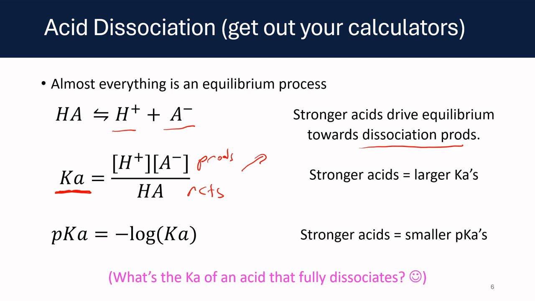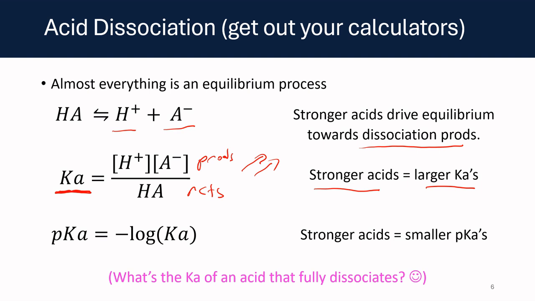And as this number skyrockets, we're dividing a big number by a very small number, and hence Ka is going to be very large. Okay, stronger the acid, the larger the Ka. And this is where I think a lot of people can get confused. The reverse becomes true when you take the negative log of everything.